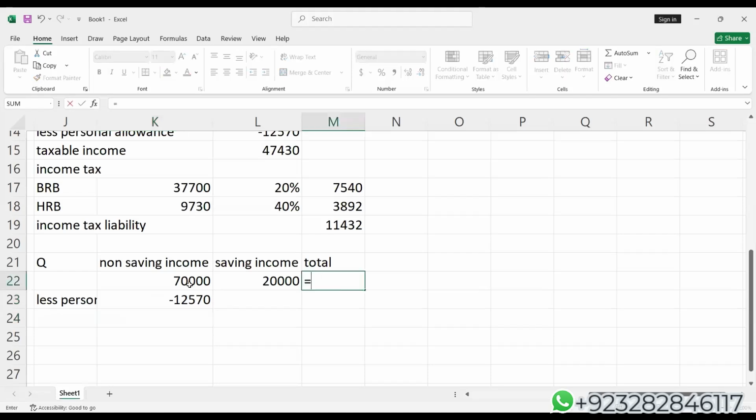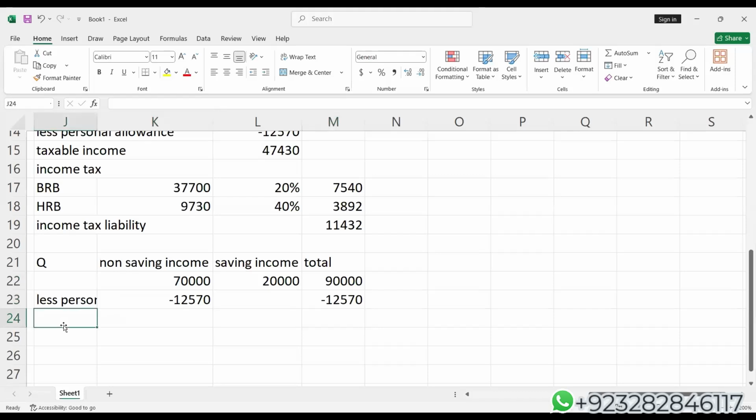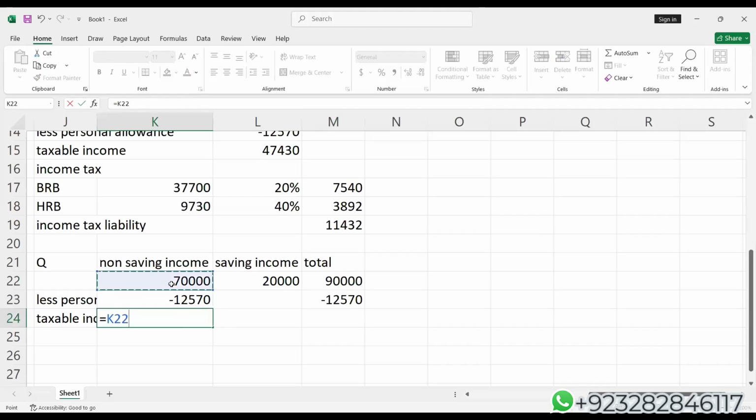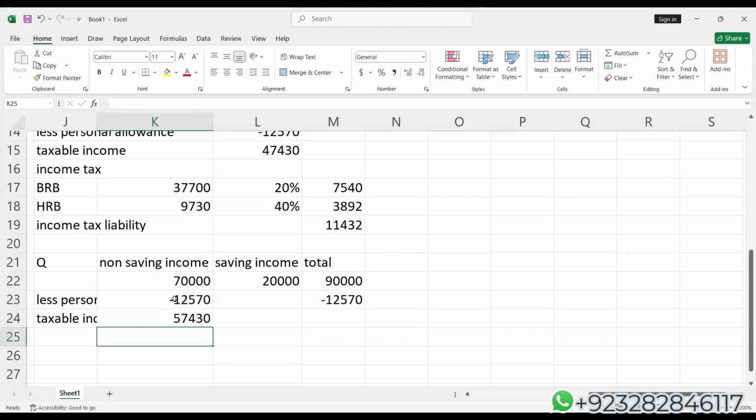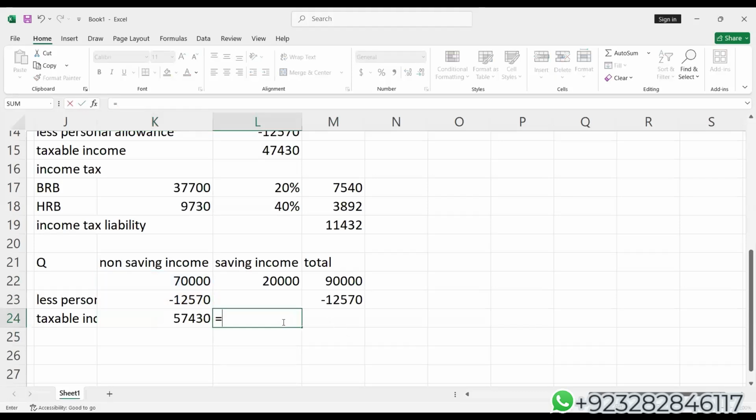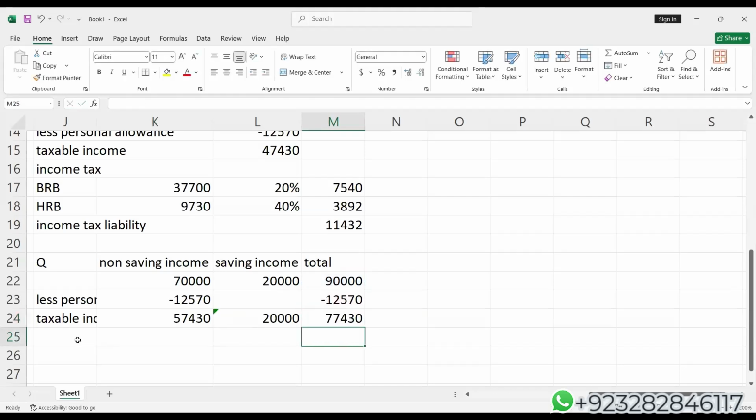Let's take the total here: 70 plus 20, which is 90. After deducting the personal allowance, you will get taxable income: 70,000 minus the personal allowance. Of course, this remains the same. 90 minus this personal allowance.